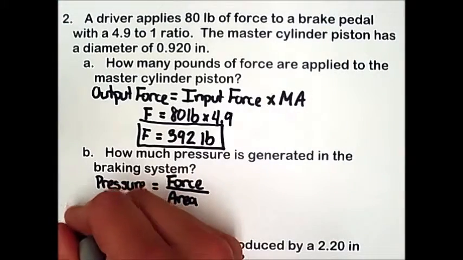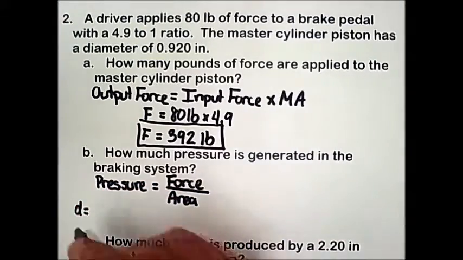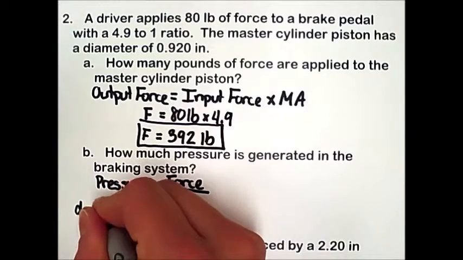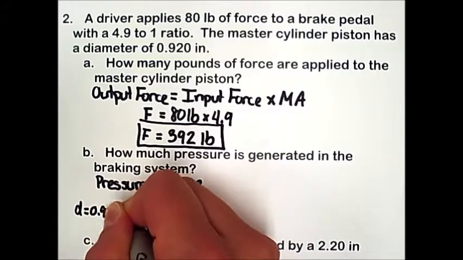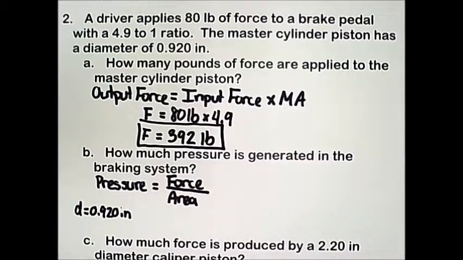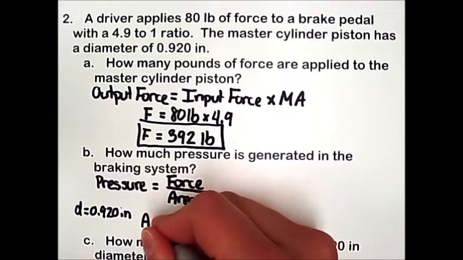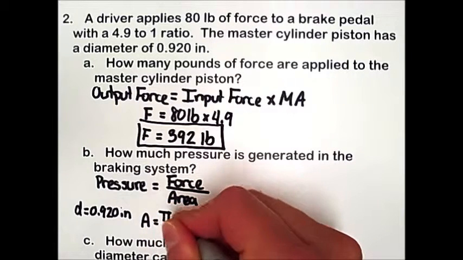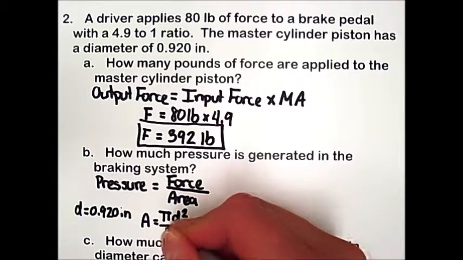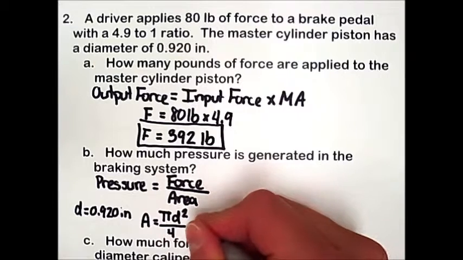So our diameter, and I'll just write it again down here, is equal to 0.920 inches. So we need to find the area of this piston. So a piston is a circle, so the area of a circle is pi multiplied by your diameter squared divided by 4.